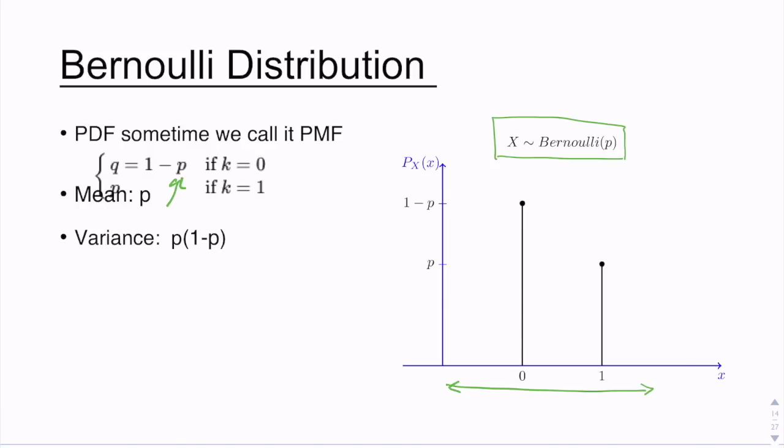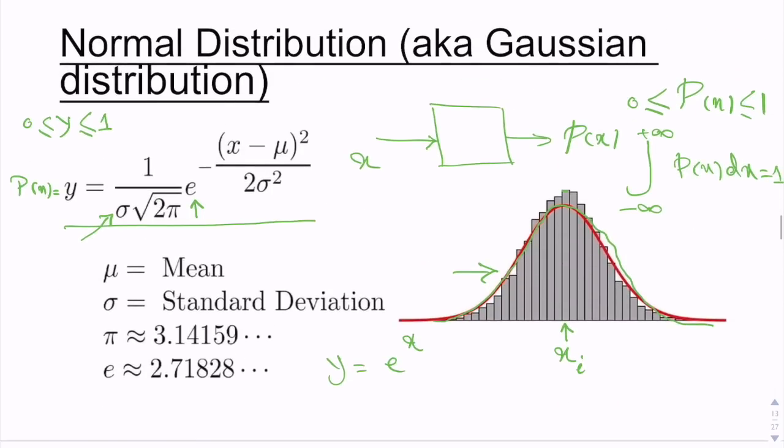distribution. As I said, I also forgot to tell you about the sufficient statistics. For the Gaussian distribution, the sufficient statistics are the mean and variance or standard deviation.